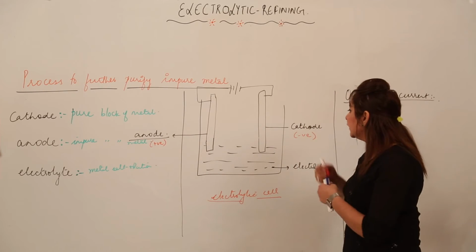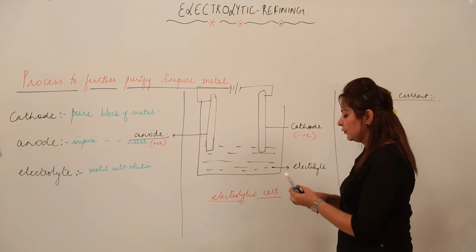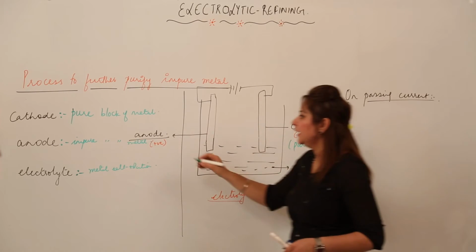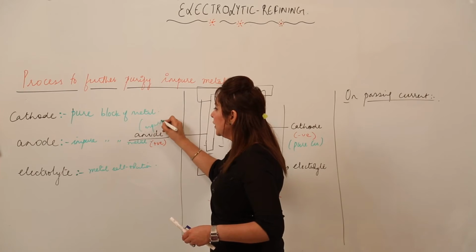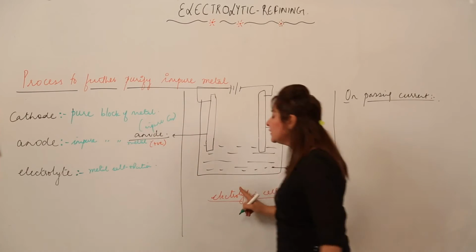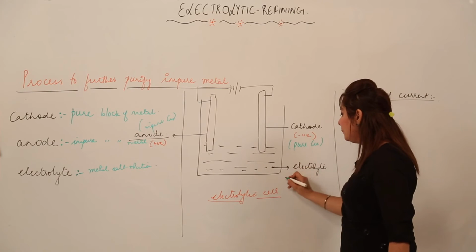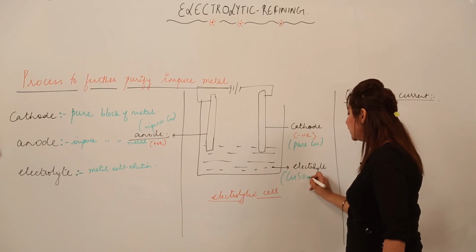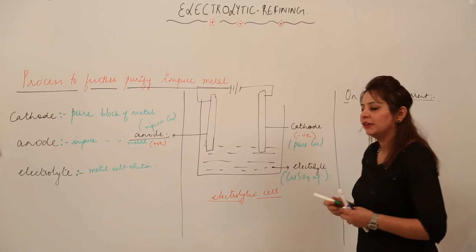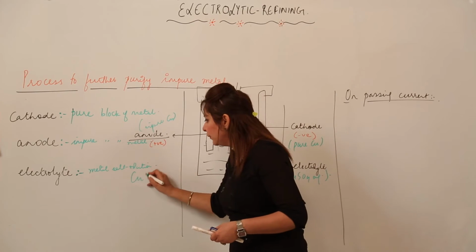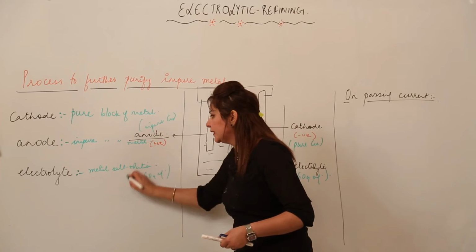So that means the cathode is made up of pure copper, the anode is made up of impure copper, and this is a metal salt solution. So the example which I am taking is aqueous CuSO4, right. I will write here also CuSO4 aqueous solution as an electrolyte.